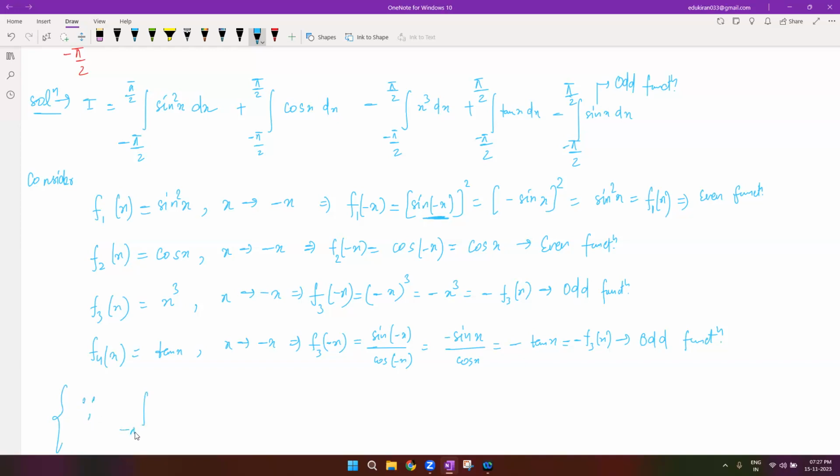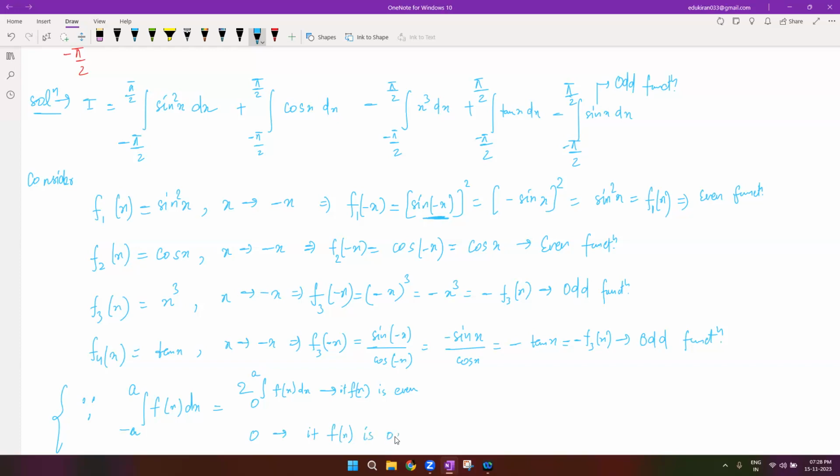So now we can apply the rule that the integral from minus a to a of f(x) dx would be either 0 to a twice f(x) dx if f(x) is even, and it would be 0 if f(x) is odd.